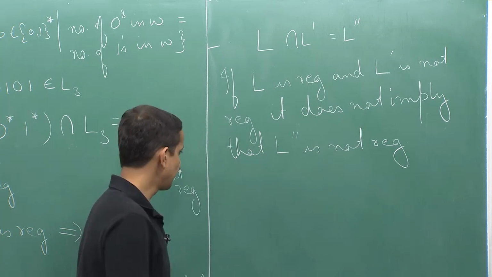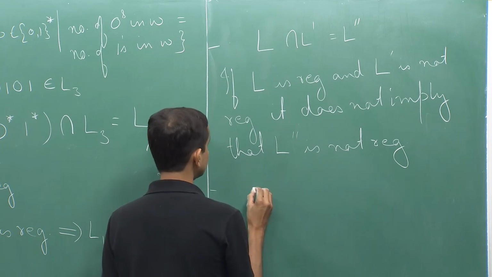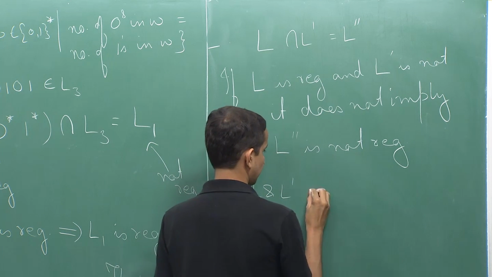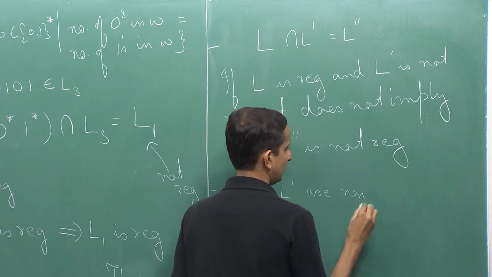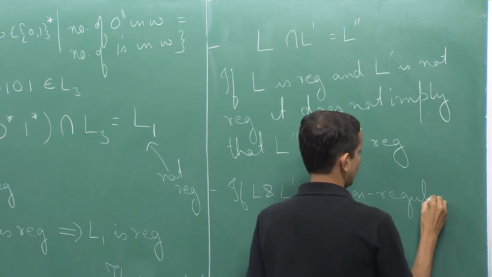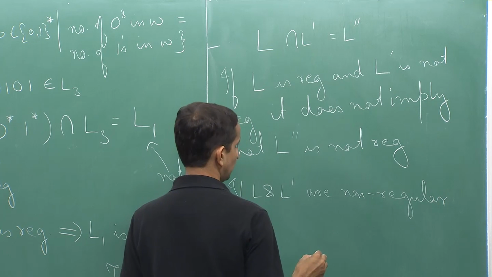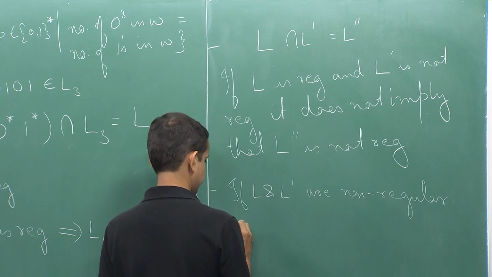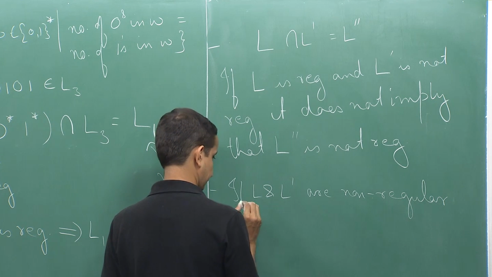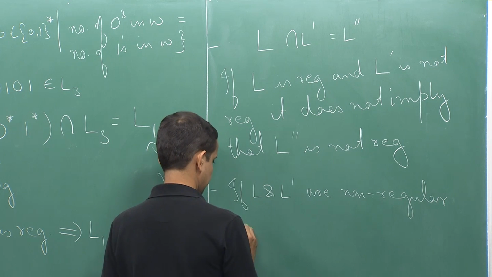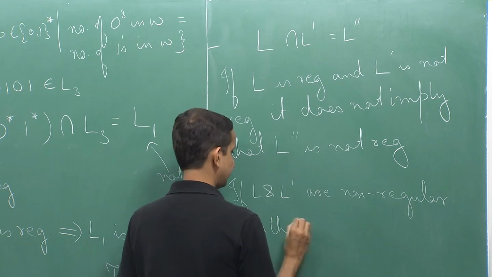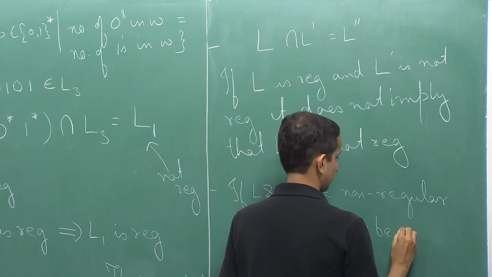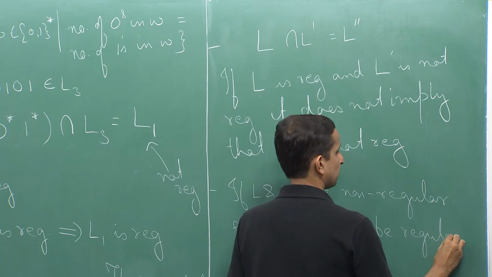Okay. Even more, even if L and L prime are not regular, even then L double prime may be regular.